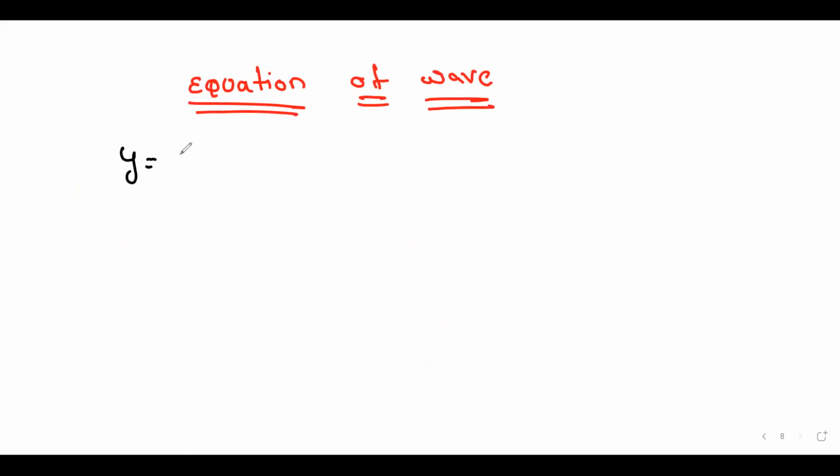Now, equation of wave. The equation of wave is given by y is equal to a sine kx minus omega t.